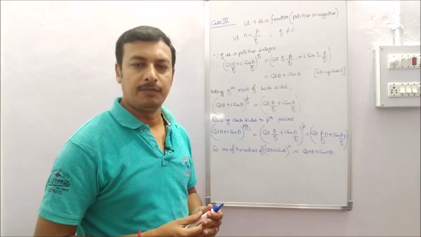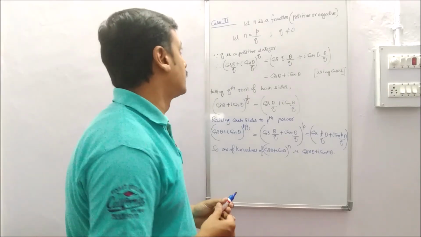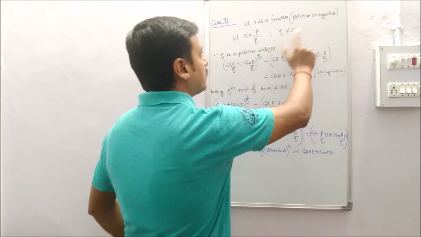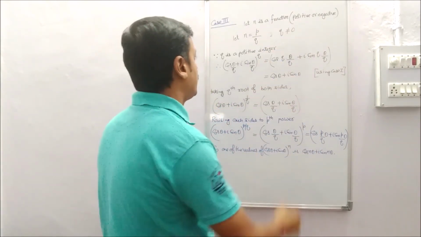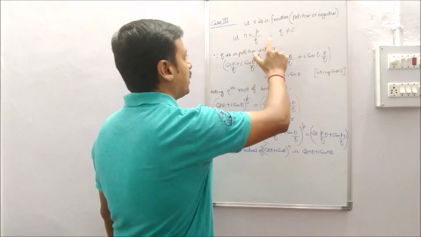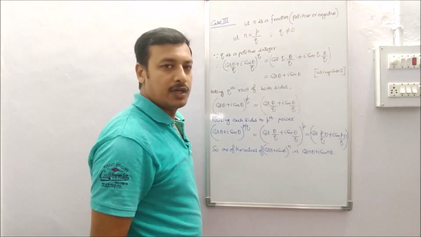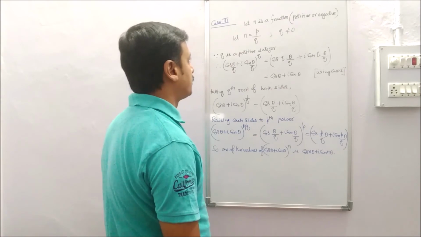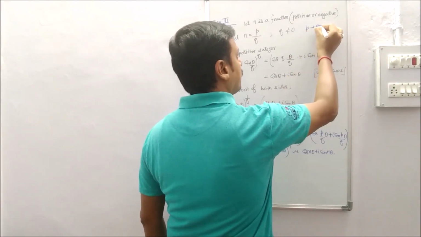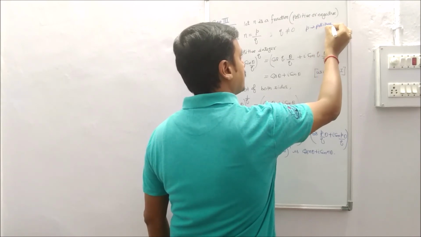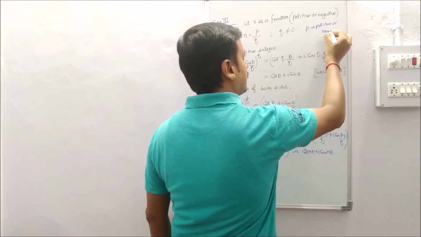In the third part, n is a fraction. So let n be a fraction, positive or negative, and let n equal p by q, where q is a positive integer which is not equal to 0. p is any integer, may be negative or positive.